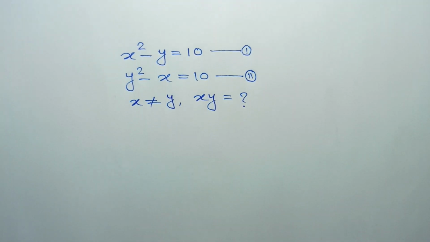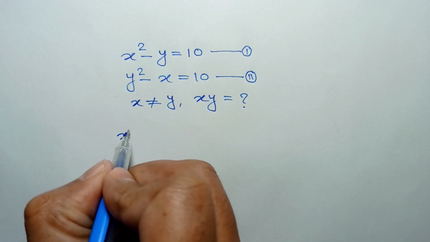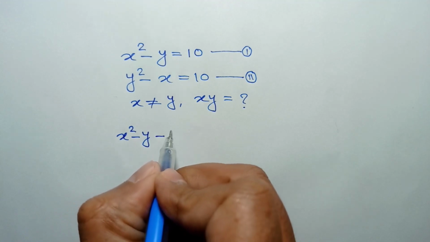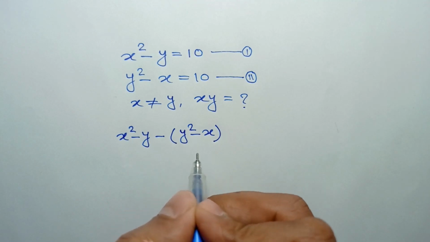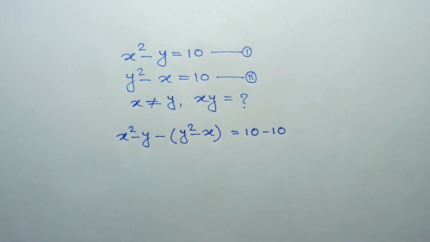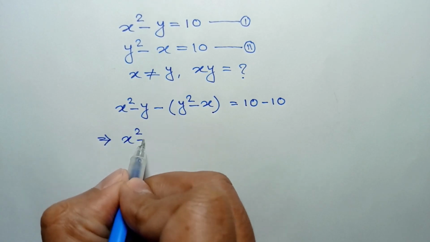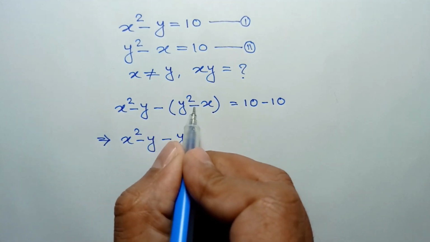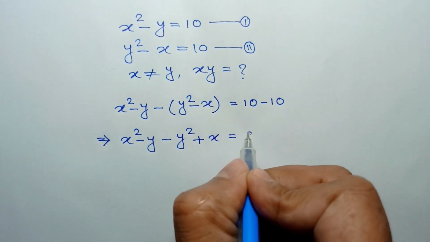If we subtract equation 2 from equation 1, we can write x² − y from equation 1, minus y² − x from equation 2, is equal to 10 − 10, or x² − y² (minus times minus is plus) + x − y is equal to 10 − 10, which is 0.